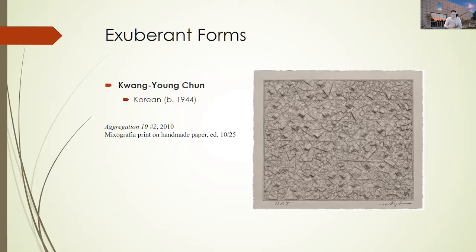This is not one of the 3D pieces like what we had. This is a print, and it's a mixographia print, which we'll talk about with some of the other artists as well. But it actually uses paper pulp to build up the surface and make it like a topographical map in a way. And there are video links about mixographia.